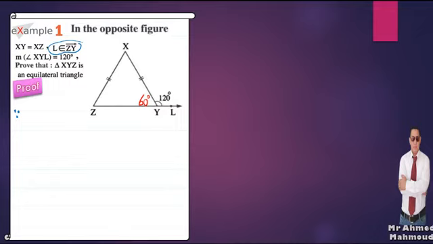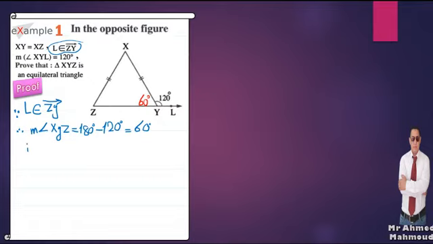Since L belongs to ZY, therefore the measure of angle XYZ equals 180 minus 120 degrees equals 60 degrees.